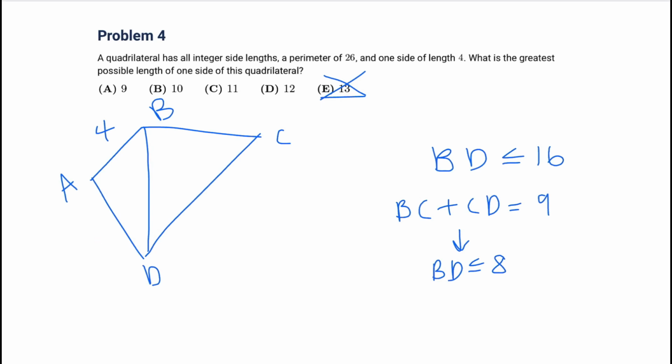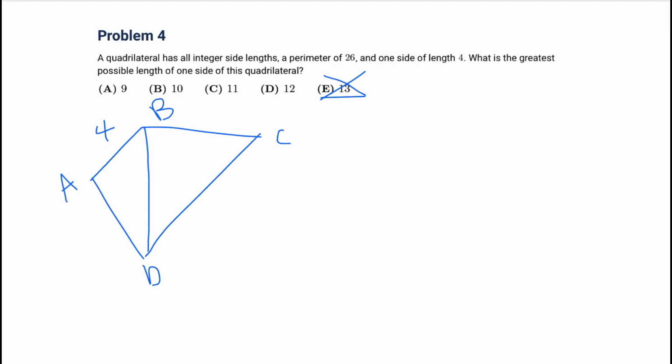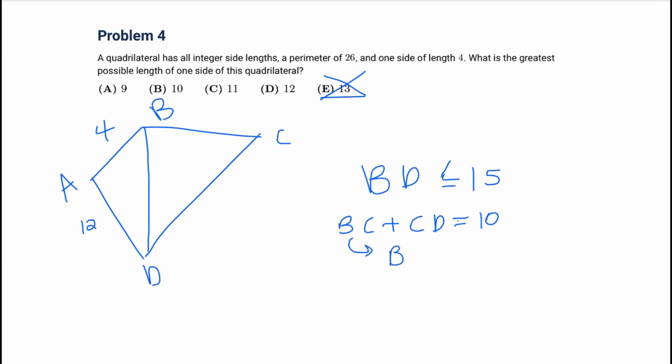So now we go on to a different case and we try the case where AD equals 12. So in this case, we have BD is less than or equal to 15 because of the triangle inequality on ABD. And we have BC plus DC equal to 10 because the perimeter of the quadrilateral is 26.